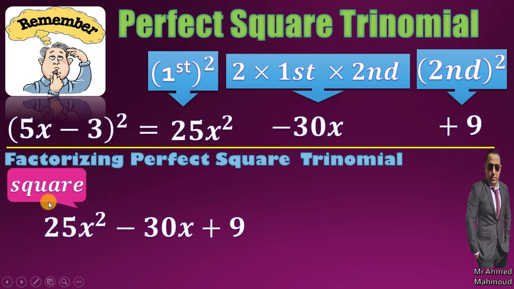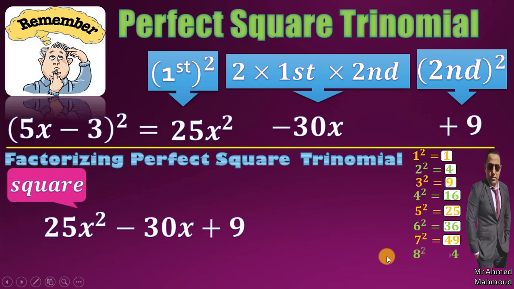Okay, Mr. Ahmed, what's the meaning of square? We studied in the first prep the square numbers like this. 1 to the power of 2 equals 1, 2 to the power of 2 is 4, 3 to the power of 2 is 9, 4 to the power of 2 is 16, and so on. 1, 4, 9, 16, 25, 36, 49, 64, 81, 100, and so on.